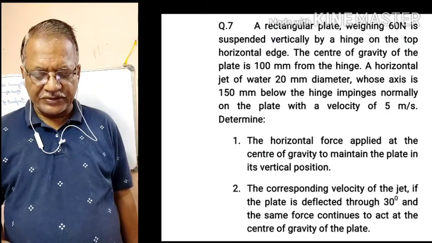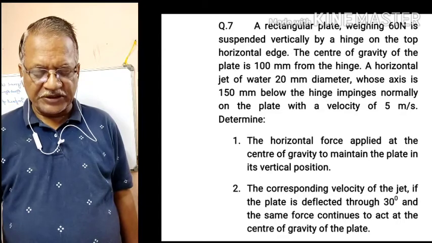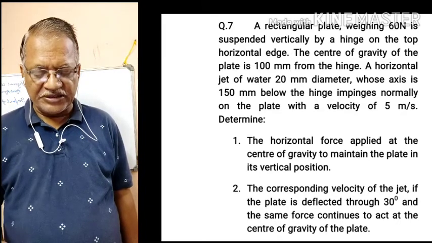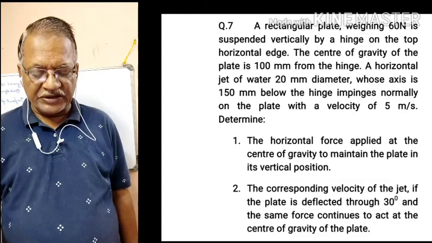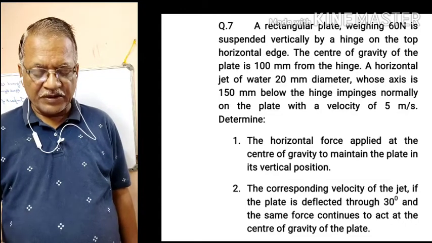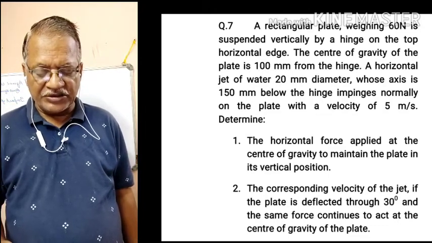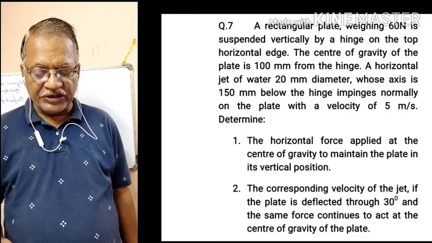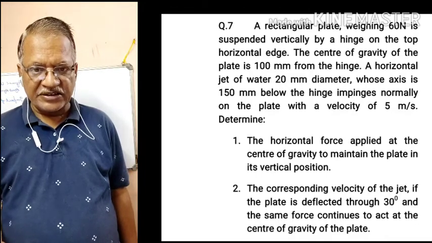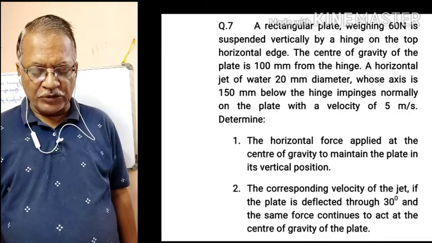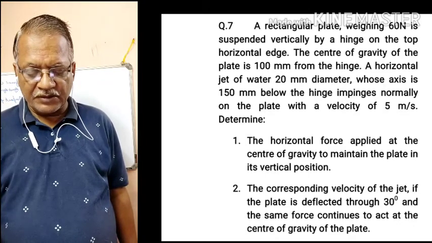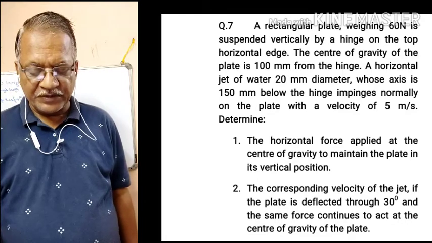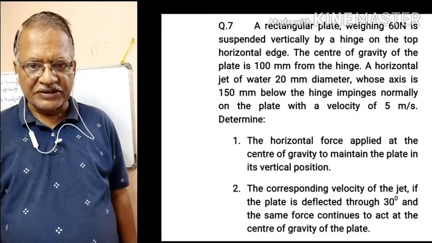Question number 7. A rectangular plate weighing 60 Newton is suspended vertically by a hinge on the top horizontal edge. The center of gravity of the plate is 100 mm from the hinge. A horizontal jet of water 20 mm diameter whose axis is 150 mm below the hinge impinges normally on the plate with a velocity of 5 meters per second.